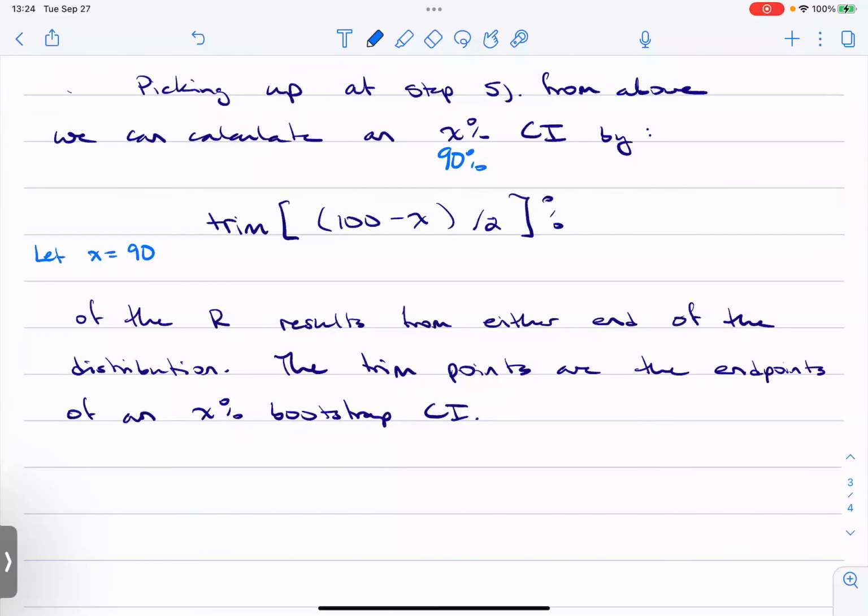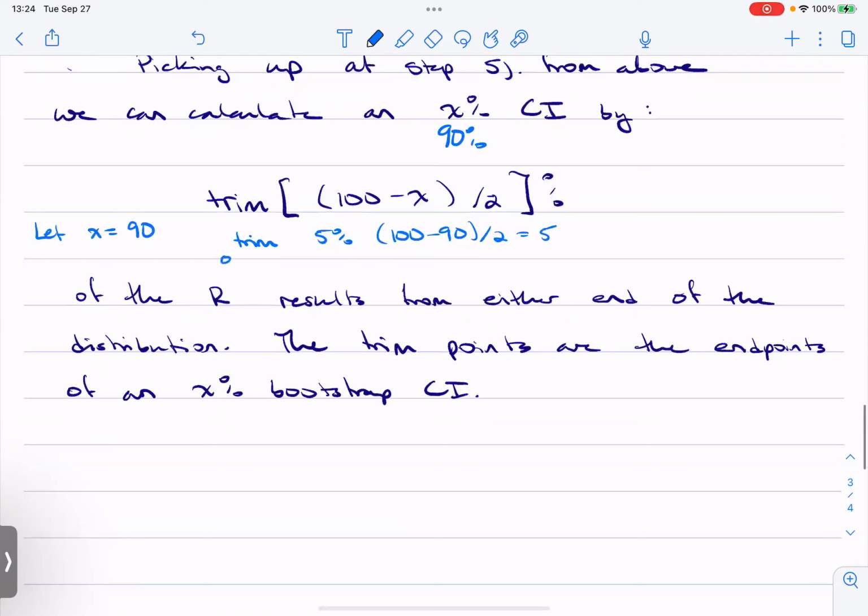So here this says trim 5%, right? Which is 100 minus 90 divided by 2 is 5. Trim 5% off each end of the distribution.